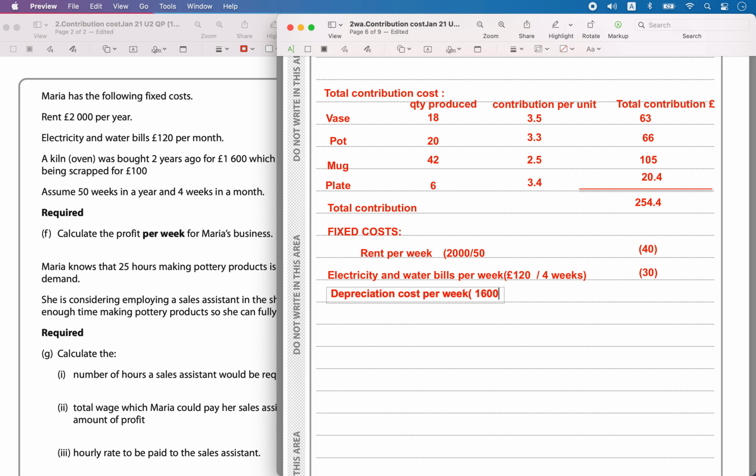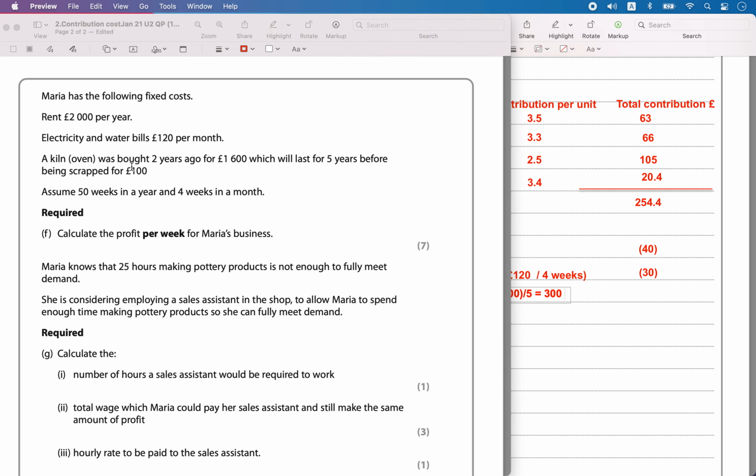So 1600 minus 100, that is 1500, divided by 5, that is equal to 300 pounds per year.